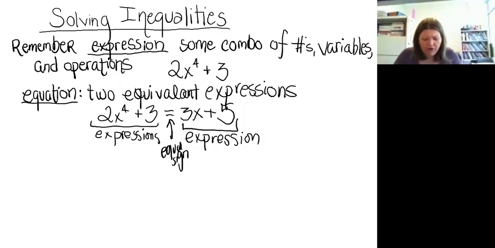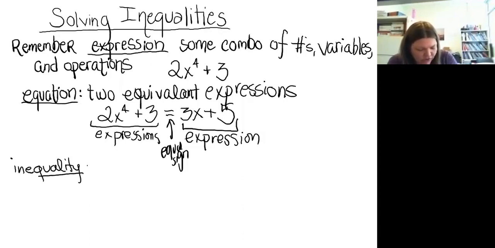And so I want to let you know that an inequality is super similar to an equation. Even though they're the opposite with the word in, the playing field that we're playing on is really similar. So an inequality is like an equation. It's going to have more than one expression, just like above.